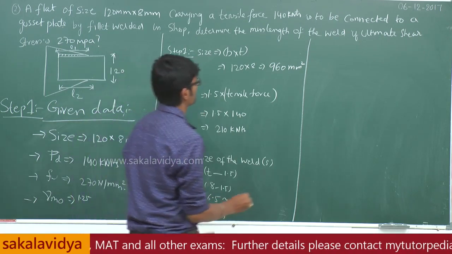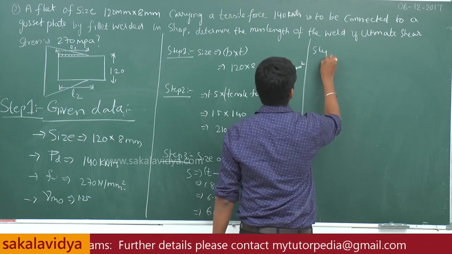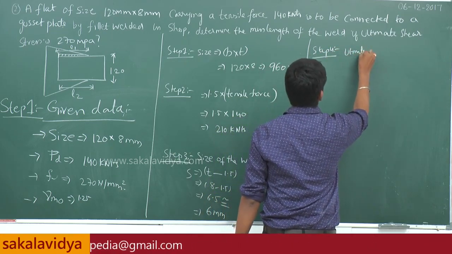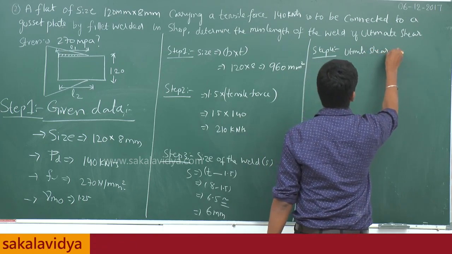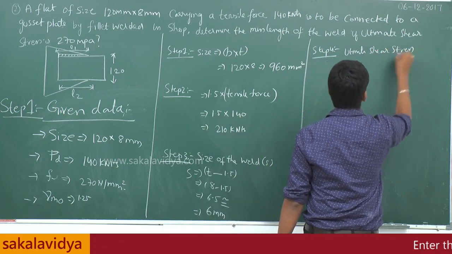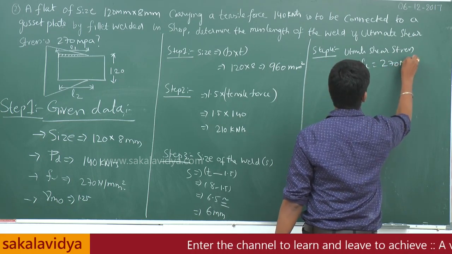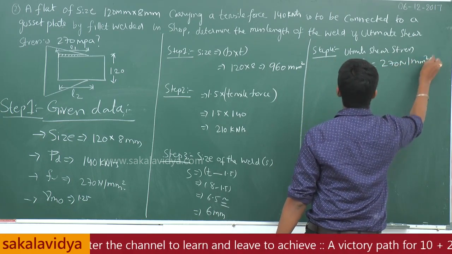Now step 4, ultimate shear stress. Fu is equal to 270 Newton per mm square.